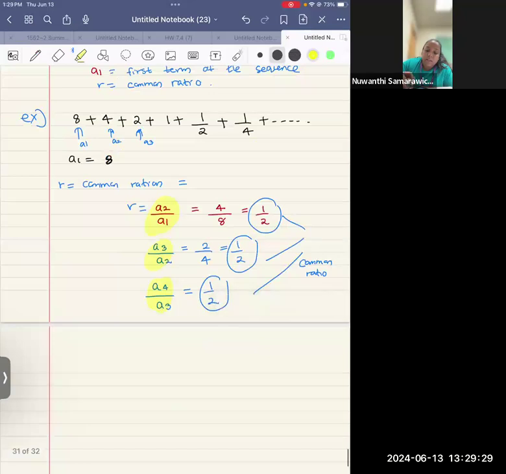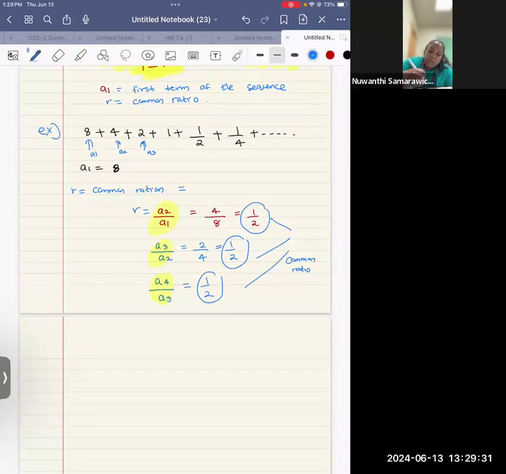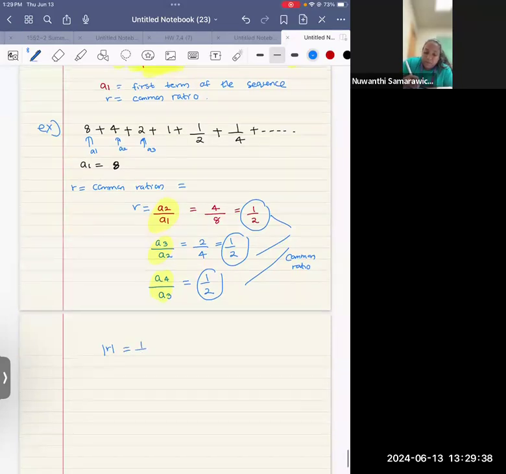So since we get a common ratio, and the absolute value of R is half, is it less than 1 or greater than 1? Definitely less than 1, right? So what can we say about the series? Convergent.